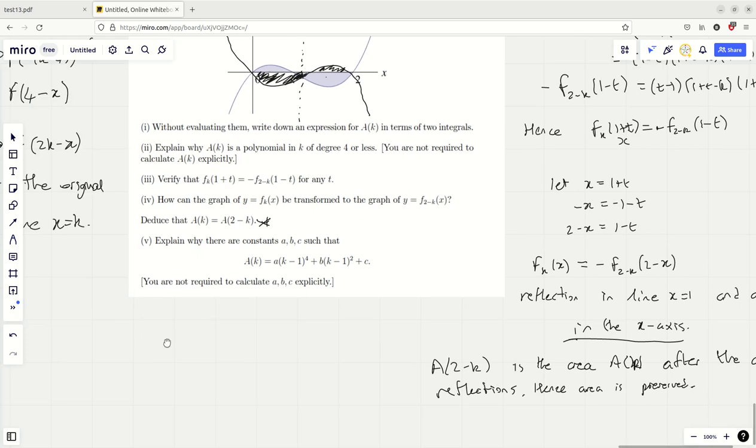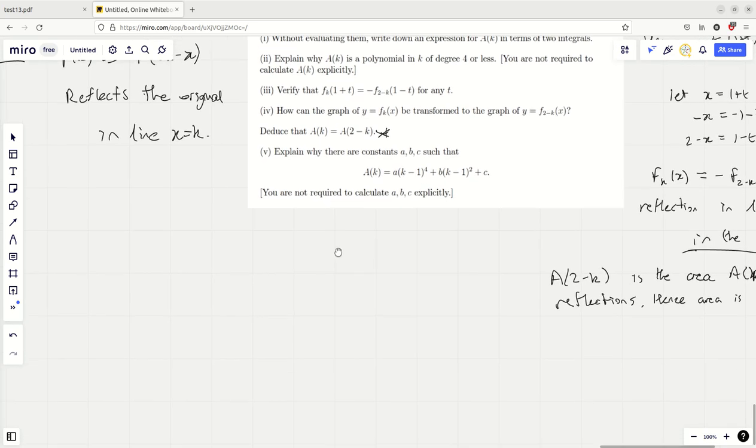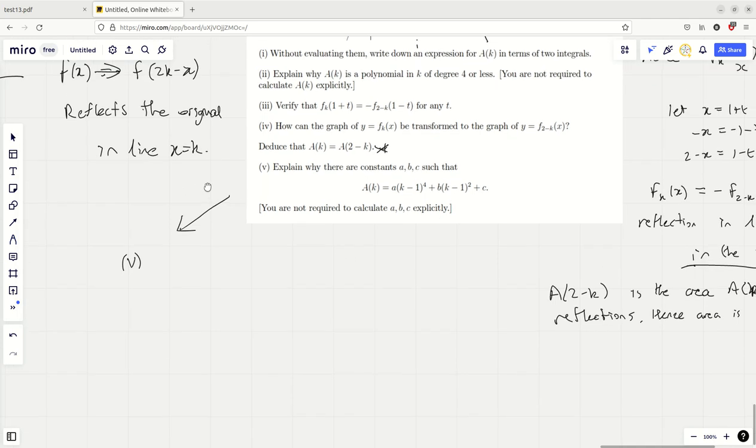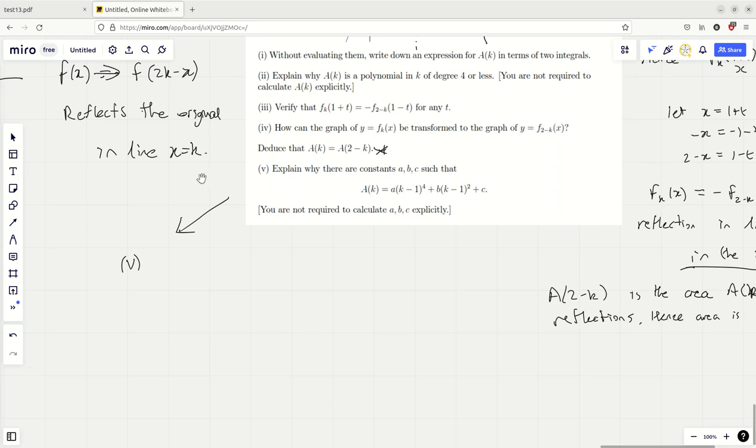Okay, so part 5. Now, I think my chance of getting this right in 22.5 minutes is limited. I'd have to have a very good day. Okay, so explain why constants A, B, and C are such that this is the case. This is one of those questions where it's not obvious what is the best way to approach it. This is the best explanation I came up with in the end.